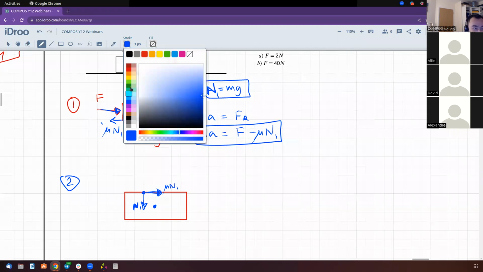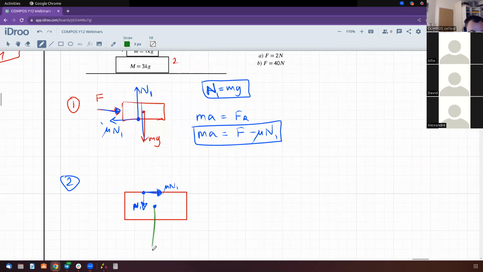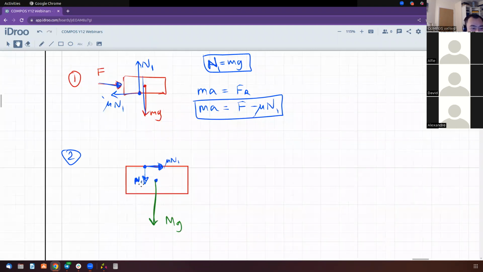Then we have new forces. So we have mg. And there's no friction, it's a smooth table, but there is normal reaction. Let's draw it somewhere here, normal reaction. I'm offsetting it from the center just so it's not the same as mg.